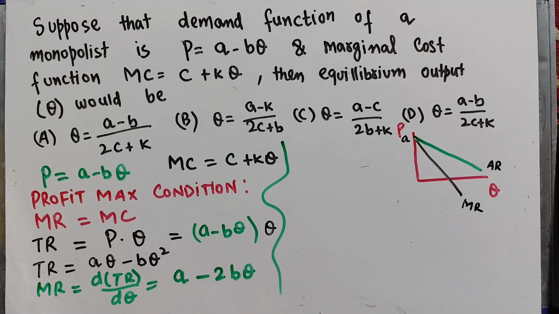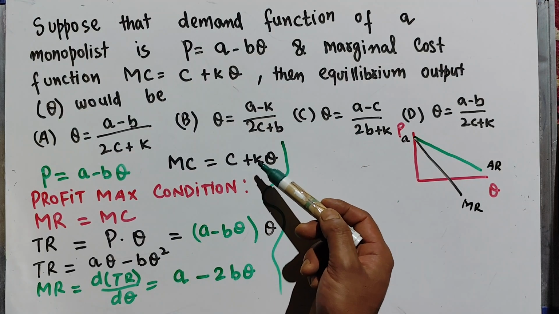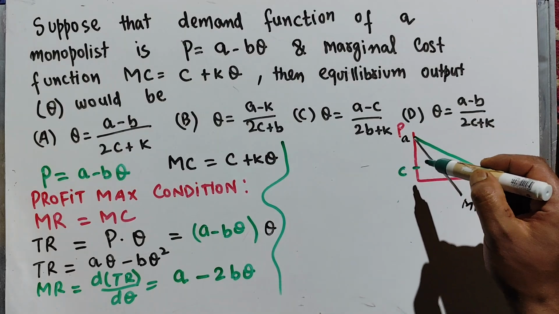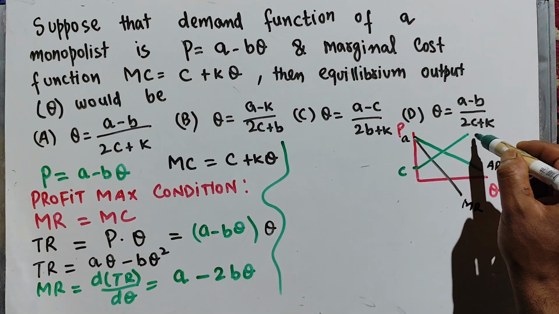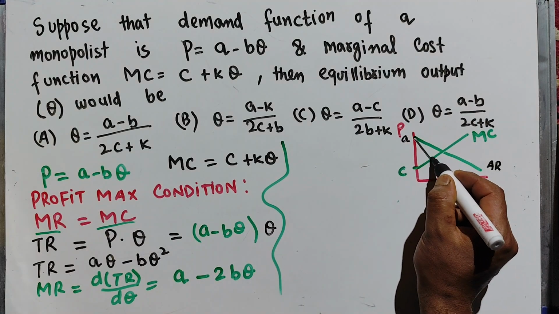We are given the marginal cost function as C plus KQ. Let us say C is at this point, and KQ means it has a positive slope like this, so this is our marginal cost function. Now we know that equilibrium occurs when the marginal revenue and marginal cost functions intersect. They intersect at this point.